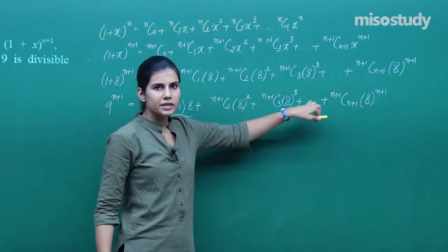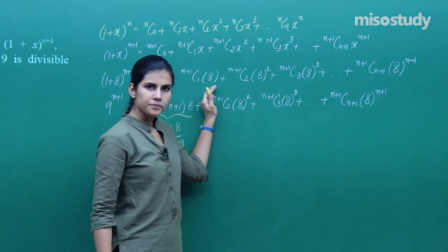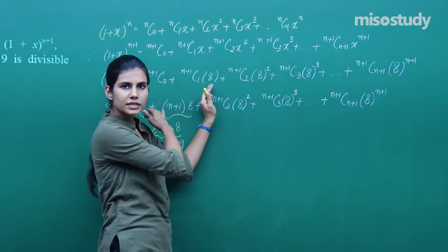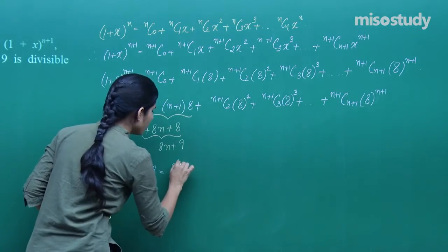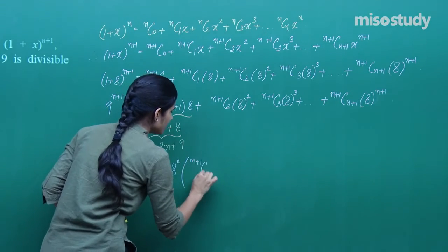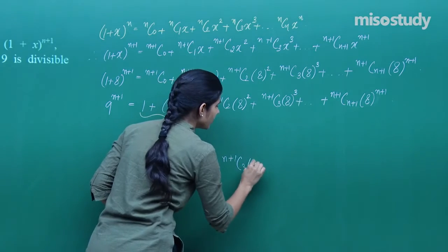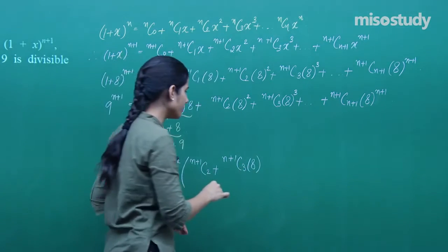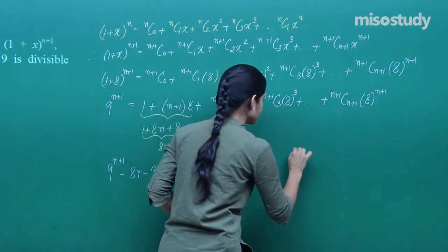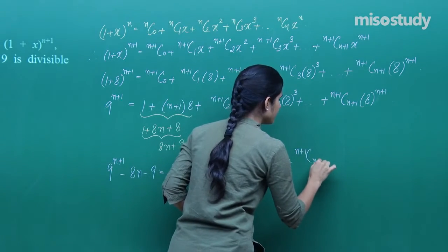Minimum 8 square is definitely there beyond this term. Rest everything we have shifted to the left hand side. So I can take out 8 square common. I will be left with n plus 1 c2 plus n plus 1 c3 into 8, because 2 8s have already come out common, up to n plus 1 c n plus 1.